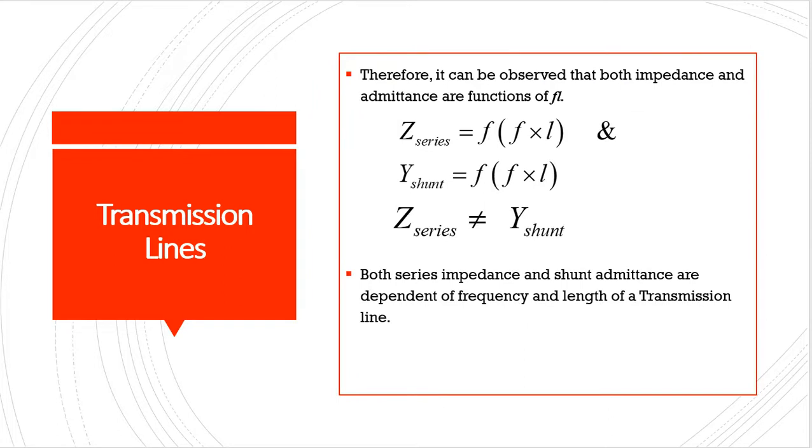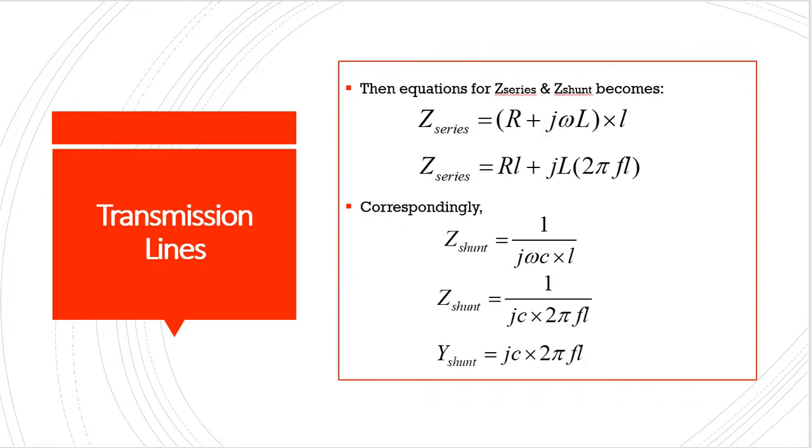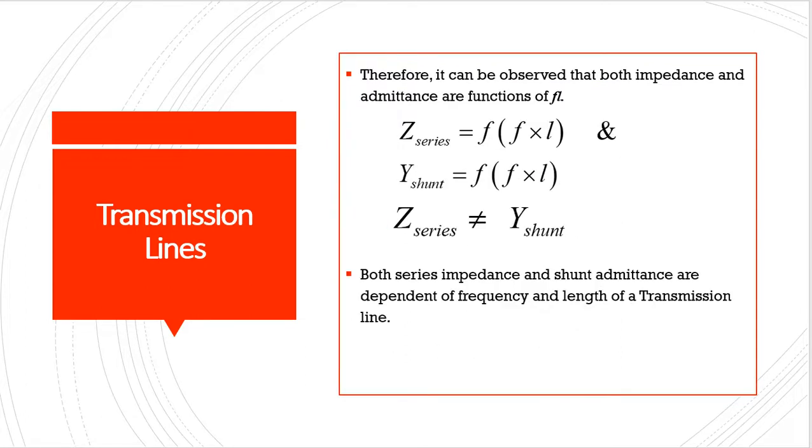Now, coming on to the next point, in both these terms we have FL as the common term, right. Here we have FL, and here we have FL, here we have 2 pi, and here we have 2 pi, but the factor of FL is considered on a major level.